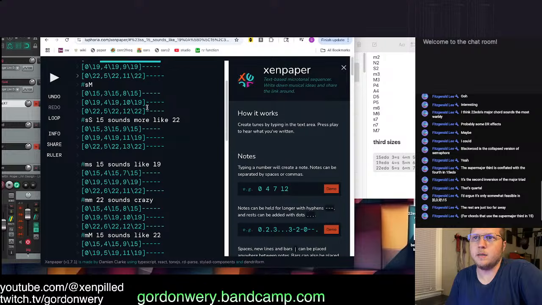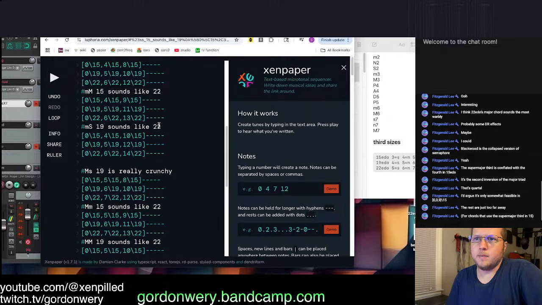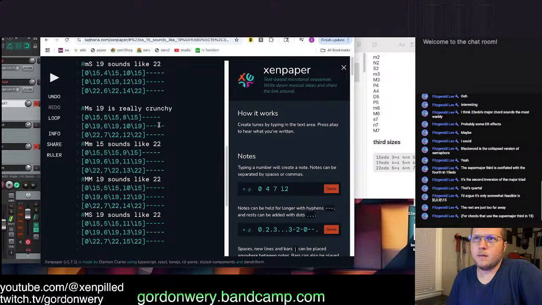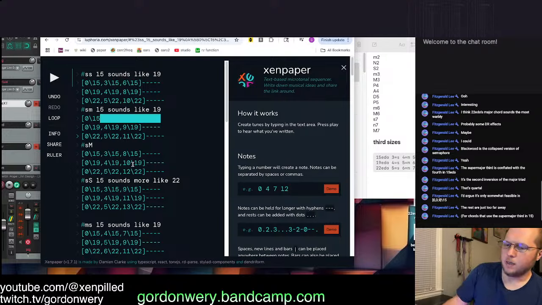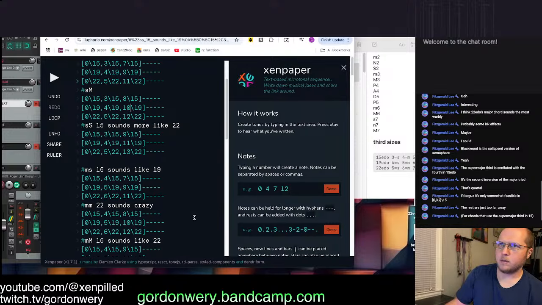And same thing here. But yeah, it is interesting how in some of the smaller tunings, this would happen in larger tunings too, there are these intervals that in certain contexts can be a second or a third, you know.